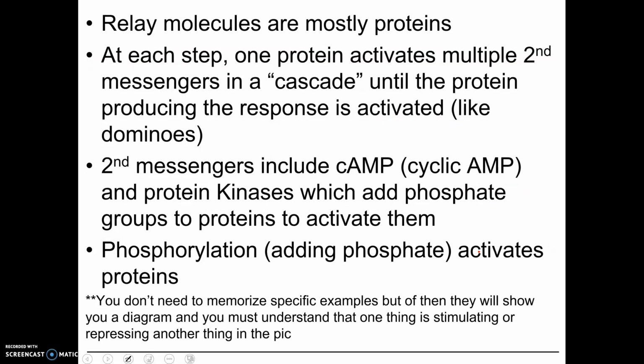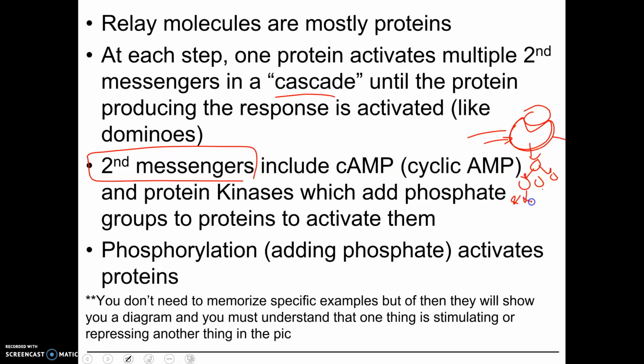All right, so this involves something sometimes called a cascade event, and specifically it involves something called second messengers. In other words, the protein hormone didn't ever enter the cell. This would be my receptor, and it triggers these molecules in between, and these are your second messengers. They're taking the message because they're not actually carrying out the response.